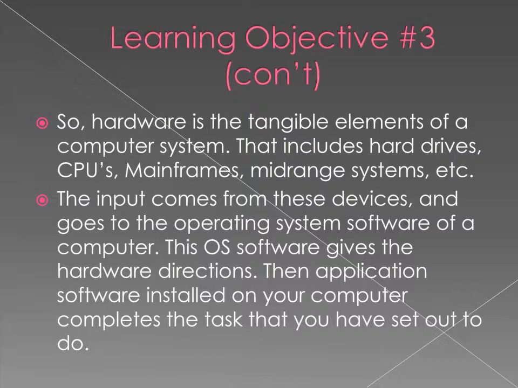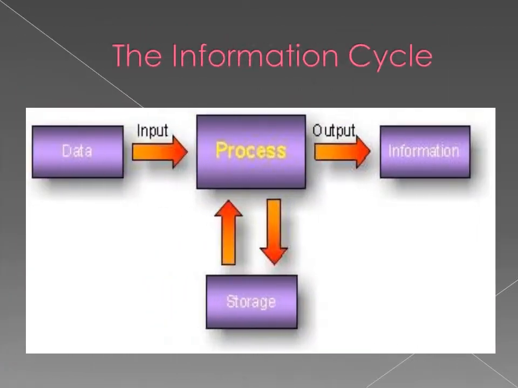So the next slide that I have is actually going to help explain this a little bit. All right, even though this is a little off topic, I promise it ties right in. I put a picture of the information cycle here on this slide because, to be honest, most humans, computers, businesses, everything works this way.